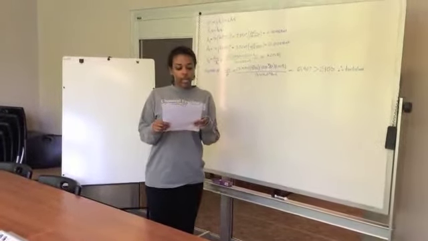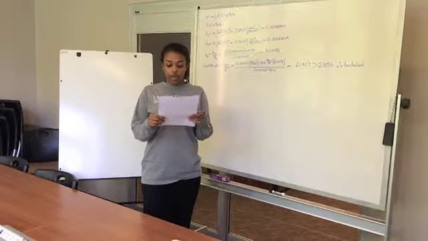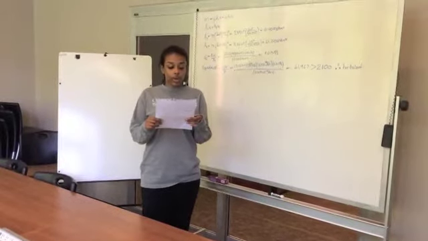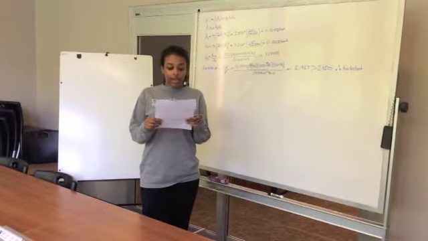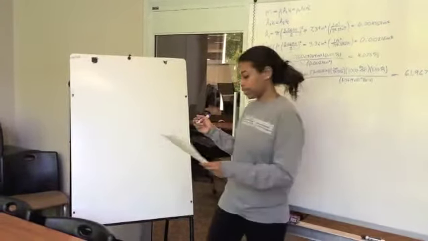Part B states, if the piping is vertical and the flow is upward, calculate the new pressure. The pressure tap for P2 is 0.457 meters above the tap for P1. I'm going to begin by drawing a picture.